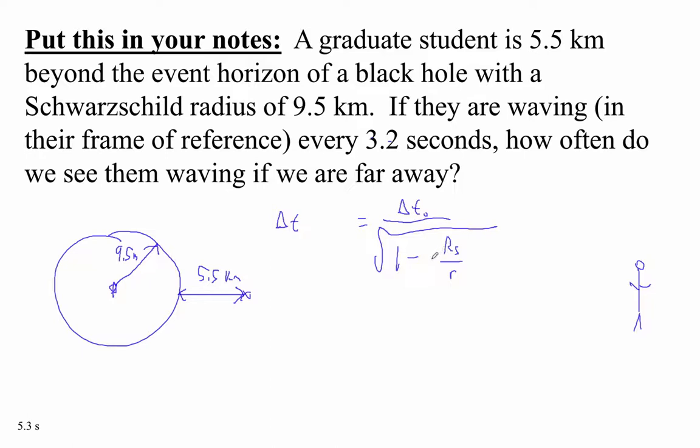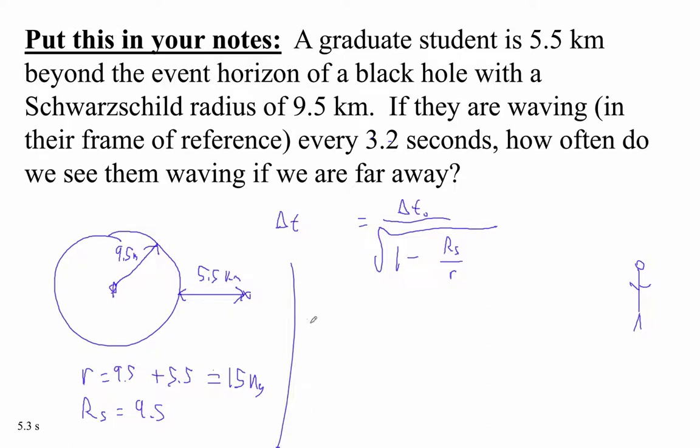But understand that the 5.5 is not our little r. Little r is actually 9.5 plus 5.5, and I'm going to go out on a limb and say that that's 15 kilometers. And then the Schwarzschild radius is, of course, 9.5.